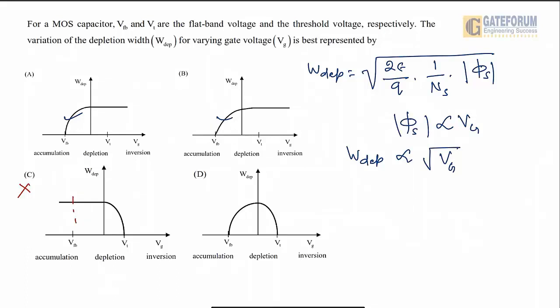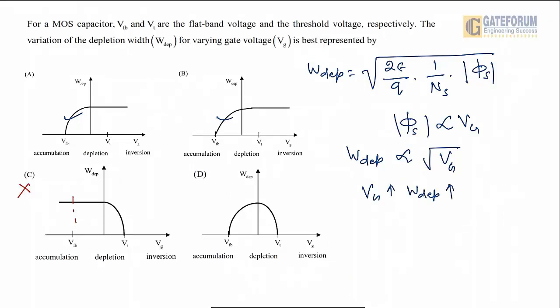And after that, we know that in the depletion regime, as Vg is increasing, W depletion is also increasing.